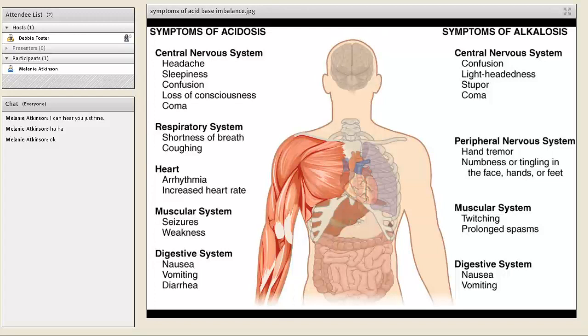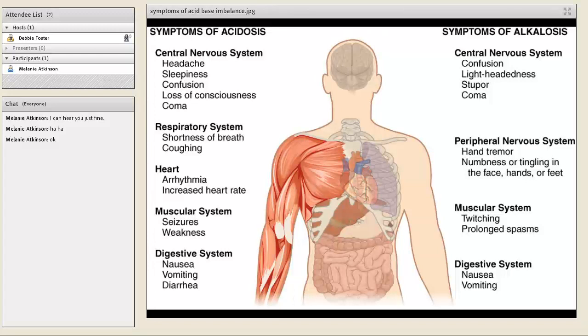We start having nervous system depression, really, as far as the ability to control. And so you get increased heart rate, arrhythmia, seizures, weakness, nausea, vomiting, diarrhea, shortness of breath, coughing, and ultimately a person can die. They can lose consciousness, go into a coma, and die in an extremely acidotic condition.